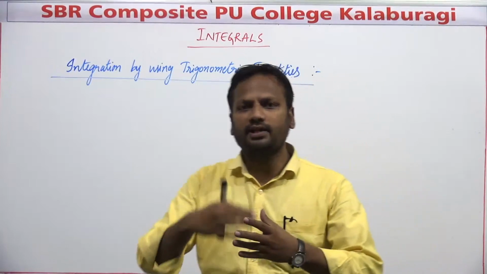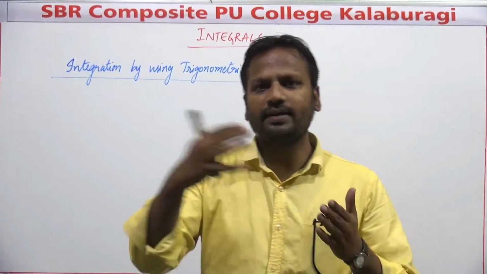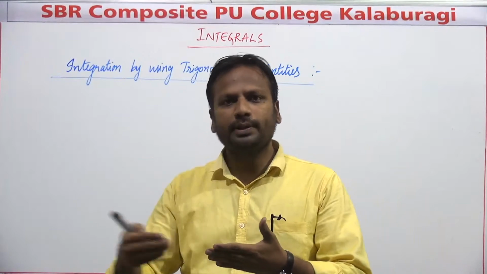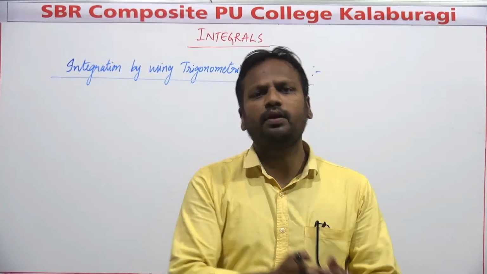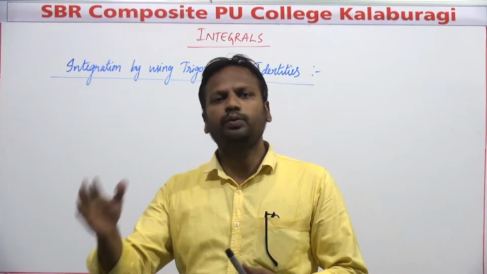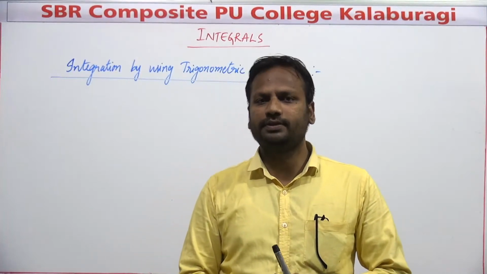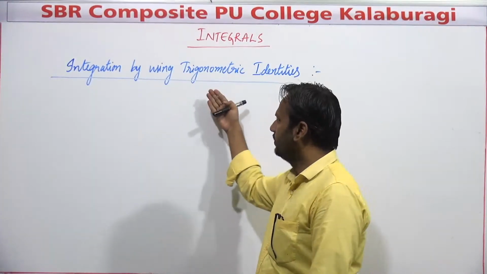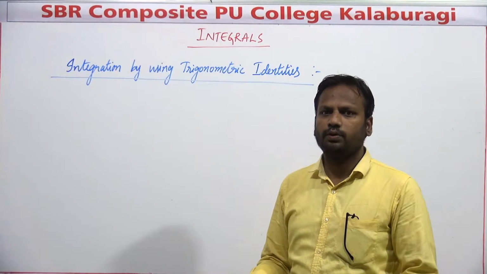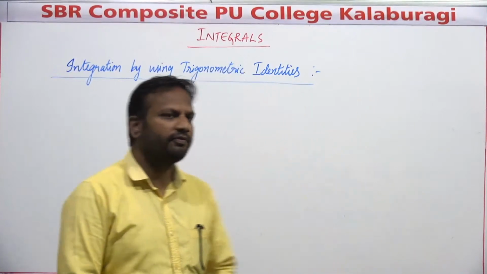After transforming the complex integrands into simple integrands, those simple integrands may be handled by the substitution method or are easily integrable forms. In that manner, we have to transform the integrands to get easily integrable forms.